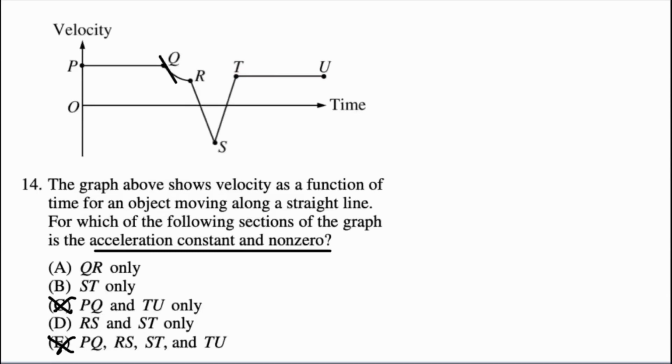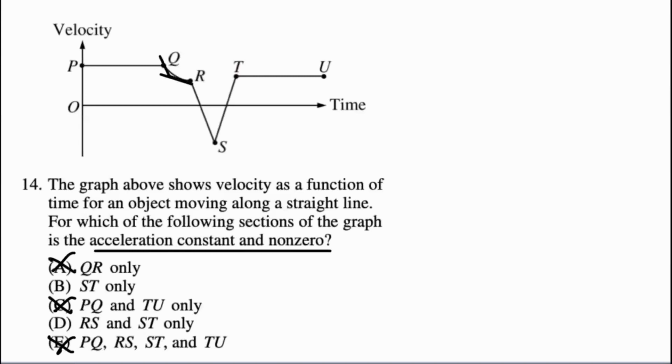So the acceleration at this point is something like that. That slope is going to be acceleration at that point. And then this is going to be acceleration at another point. You can tell that the slopes are different, meaning that the accelerations are going to be different during this time interval. So QR can't be part of the answer. So we can get rid of A.